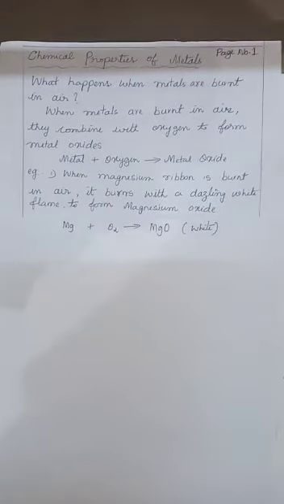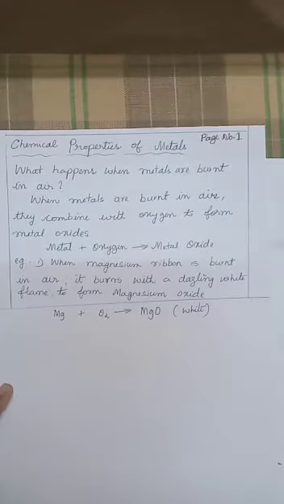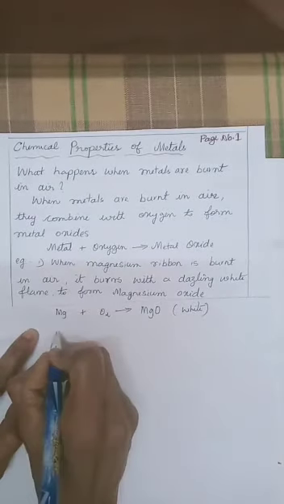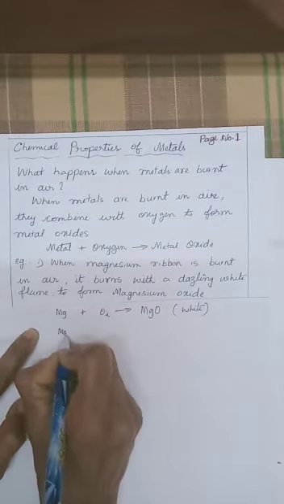Let us write the equation for this. Magnesium reacts with oxygen to give magnesium oxide. Magnesium oxide is white in color. Now let us balance this equation. Write the number of atoms in the case of reactants. Magnesium, there is only one atom of magnesium.